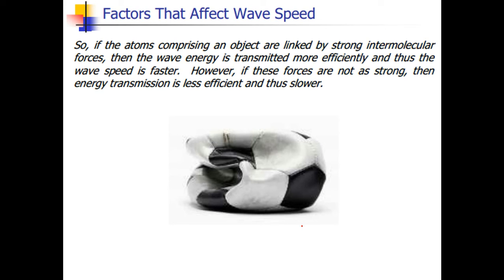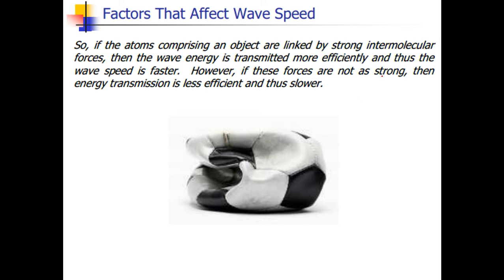So it goes back to things like a solid, which has stronger intermolecular forces. It's going to transmit that energy quicker. So that means that the wave found in a solid is much faster. If these forces are not strong, well, then the energy transmission is less efficient and thus slower.